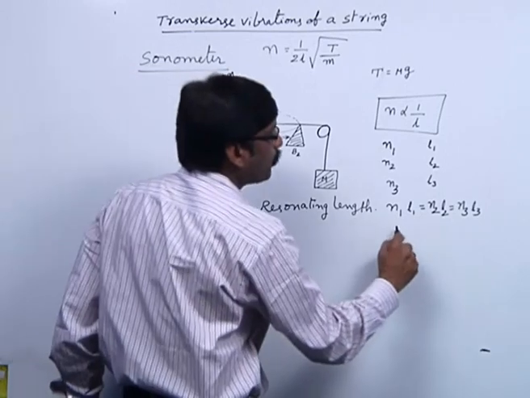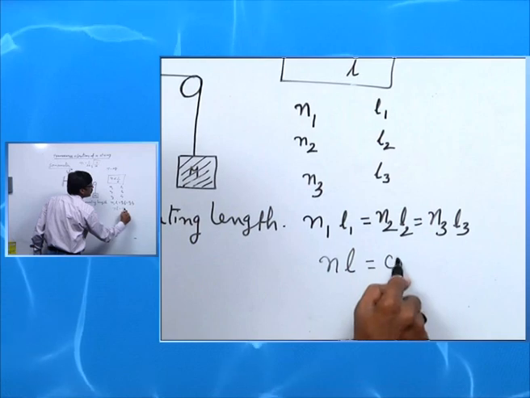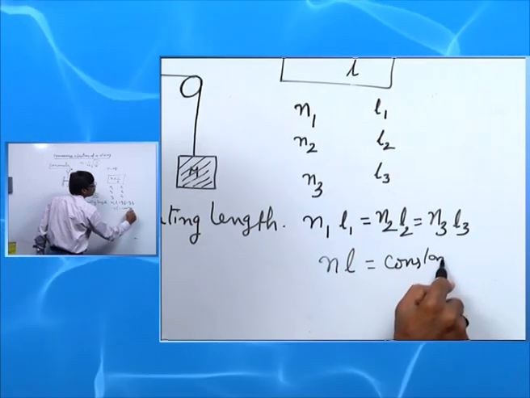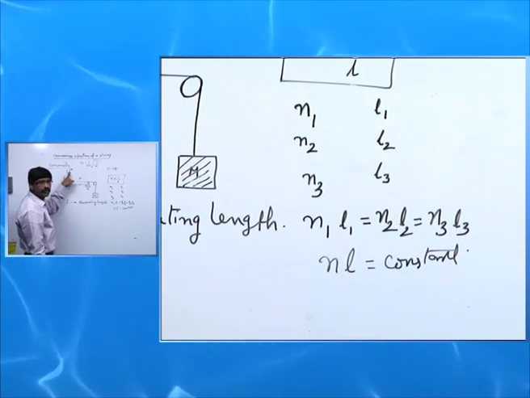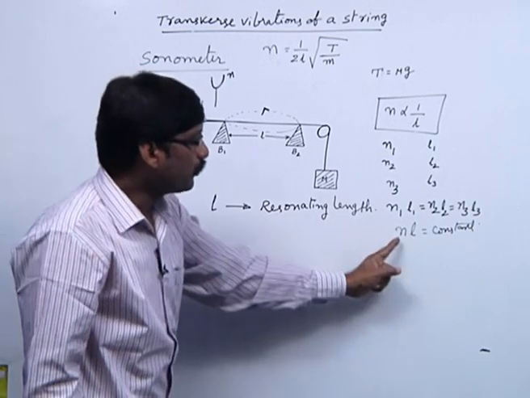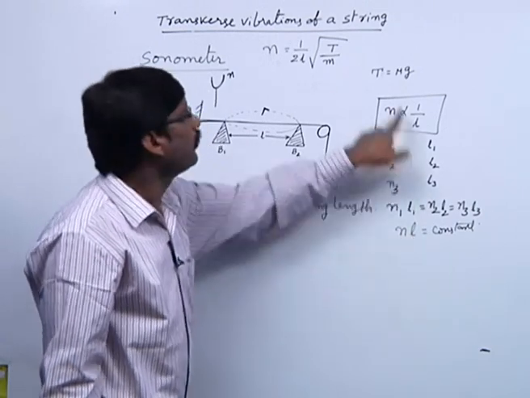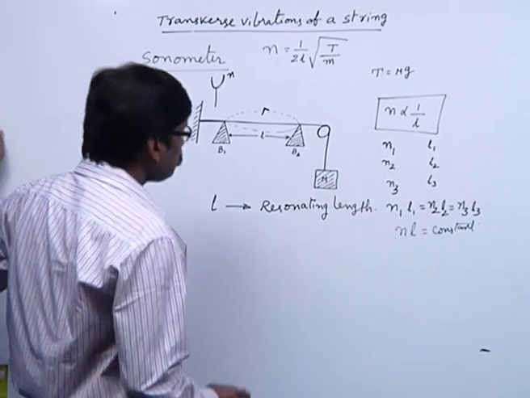That is, the product of frequency and length remains constant. By varying the frequency, we can measure the resonating lengths and prove that the product of N and L is constant when tension and linear density are constant. That is the first part.